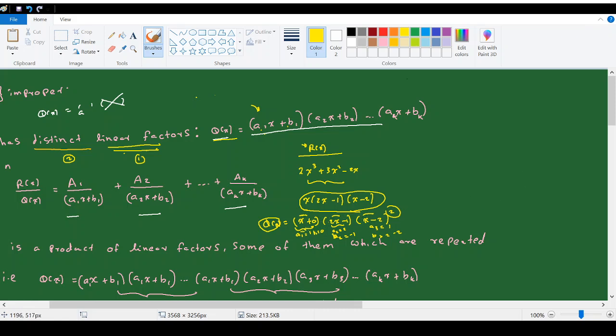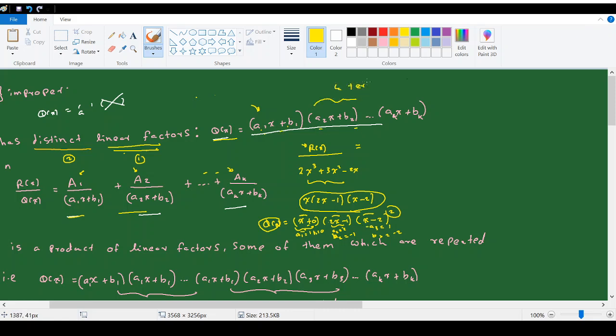So if so, then what we can do is we can write this product in this format where a1, a2, up to this point are unknowns, right? Now in our example, we have 3 terms, right? In the general form, I have k terms, okay?